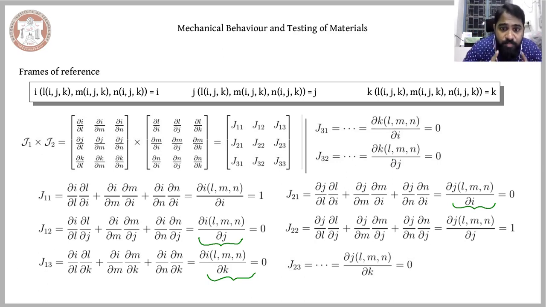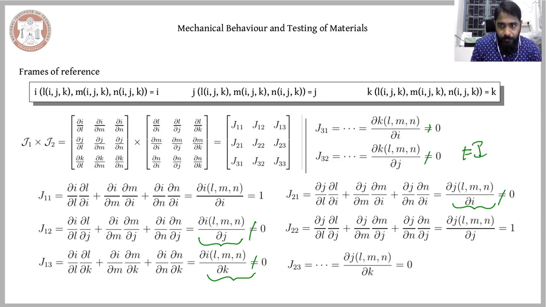Now this is possible only when the bases of my coordinate systems are orthogonal, perpendicular to one another. If they are not perpendicular to one another, this change will have a non-zero value. Ultimately, I will not have an identity matrix.